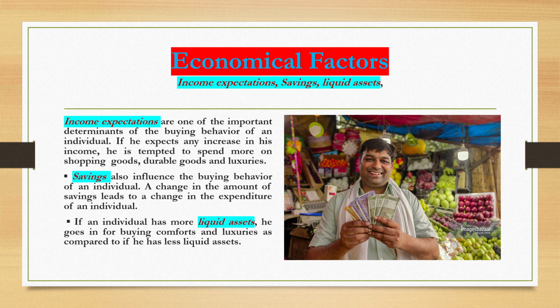If I expect that by year end or by 1.5 year or 2 years my salary or income will go up, then I would go for a product which is high end or befits all my requirements. So income expectation plays a very important role as far as complex buying behavior is concerned, or the products which a customer purchases once or twice in his lifetime.